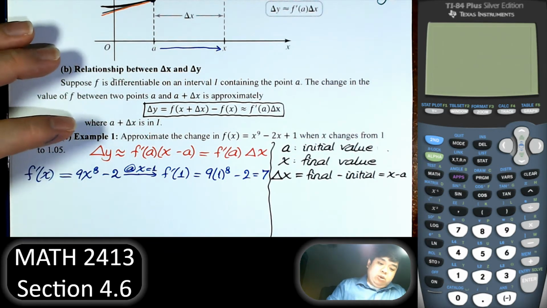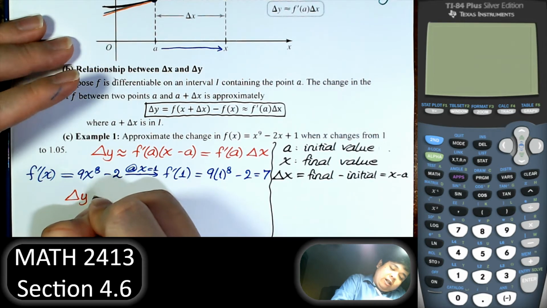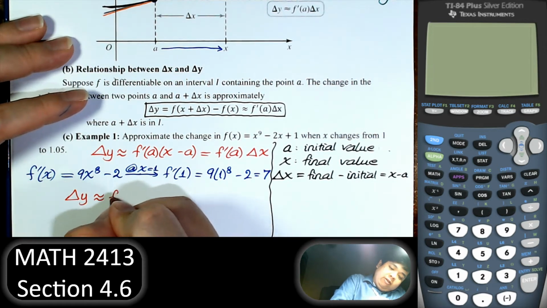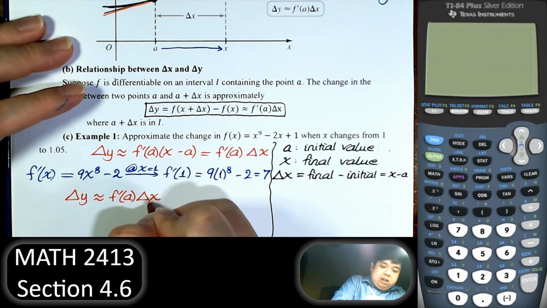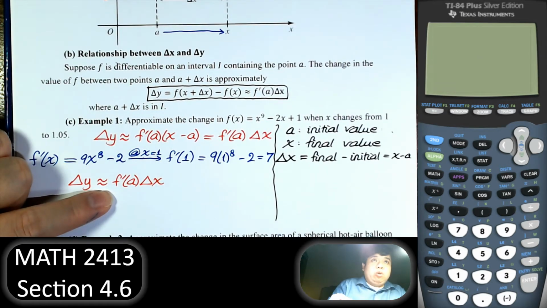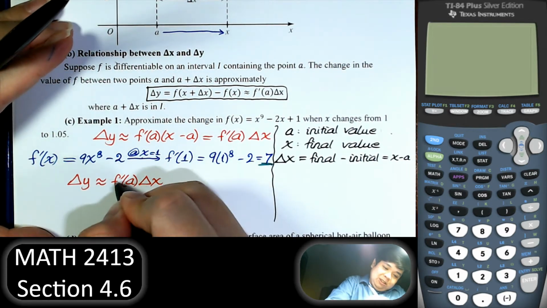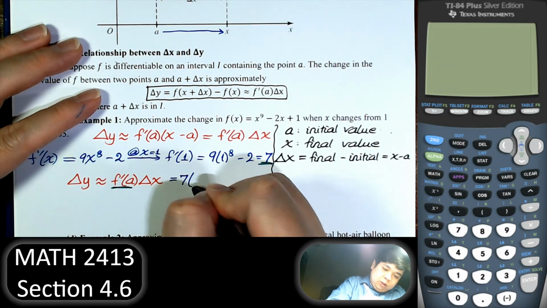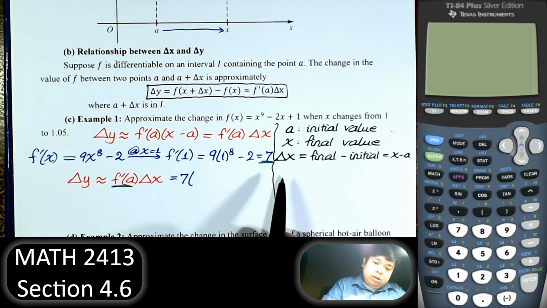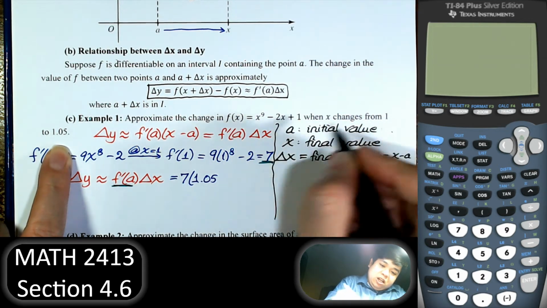Now we can get back to the formula. Estimated values for y is the derivative at the initial point times delta x. So the derivative at that point is 7. Final values 1.05 minus initial values 1.